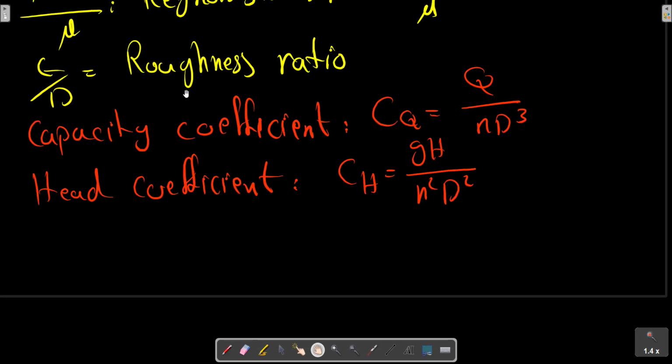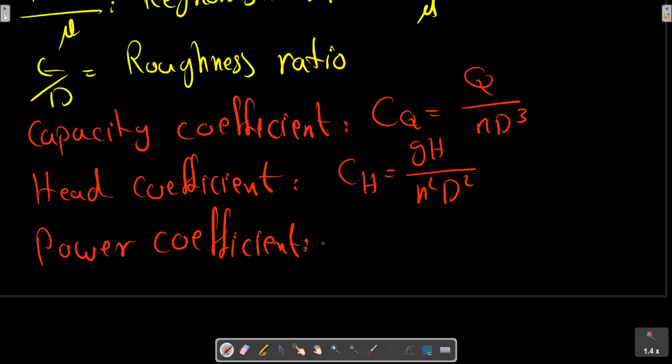And the last one is the power coefficient, CP, BHP on rho N^3 D^5. Note that only the power coefficient contains the fluid density here. The parameters CQ and CH are kinematic type.